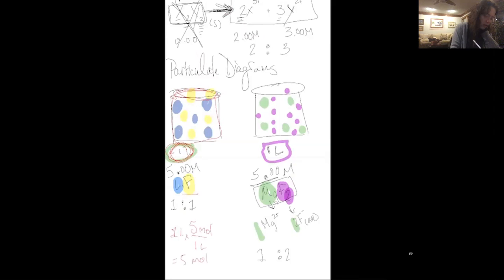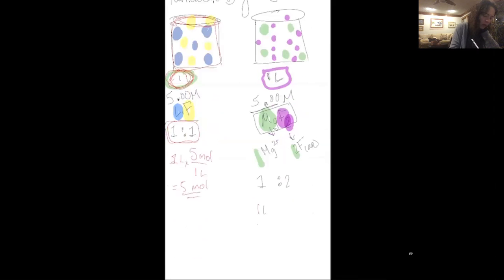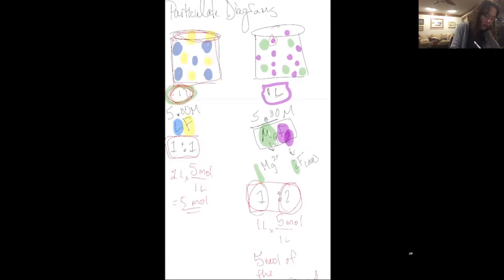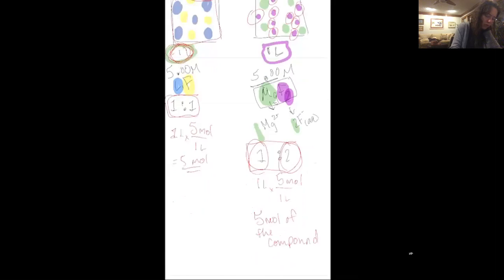And I had already determined that it was a 1-to-1 ratio, so I had 5 of each. Here I had 1 liter, every liter was 5 moles, so there are 5 moles of the compound. And the compound, in fact, is a 1-to-2 ratio of cation to anion, so I should have twice as many anion particles drawn in the solution.